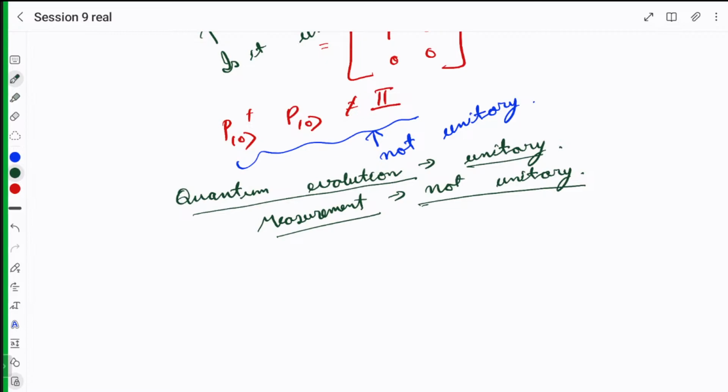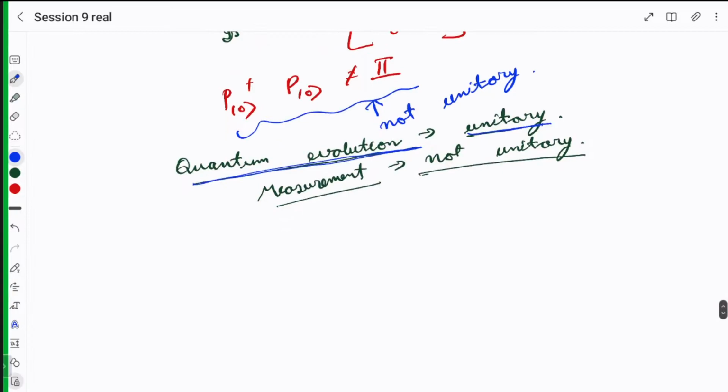So, am I actually telling you correctly that quantum evolution always has to be unitary? Remember, was there any constraint on this statement? Was there something else in this statement? The thing is that quantum evolution is unitary only when the system is closed.